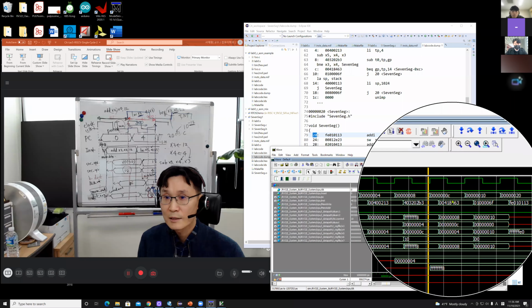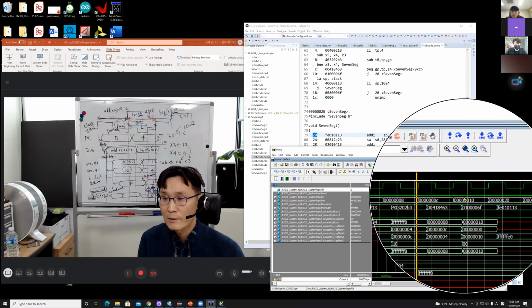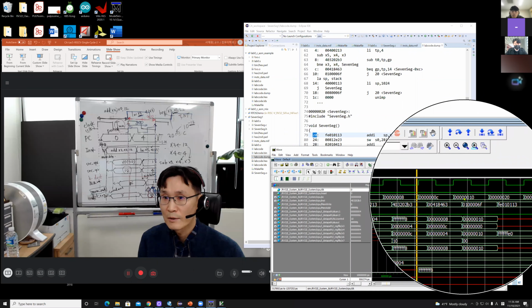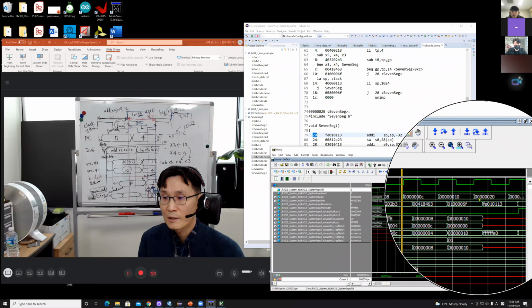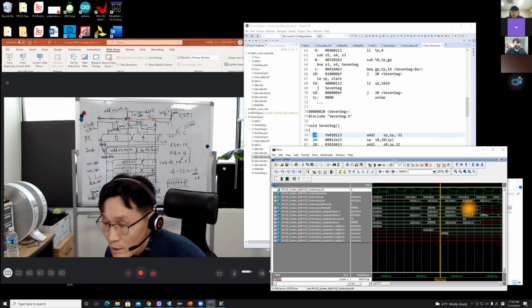Then what? 1, 0. Why 1, 0? Jump instruction and 20. PC 20 here. So the branch is taken, right?